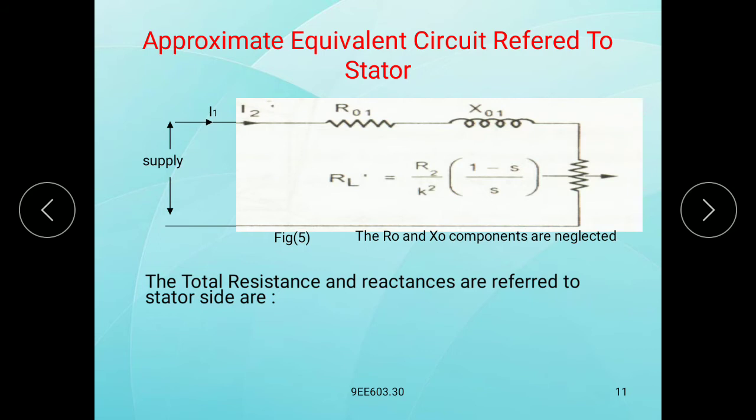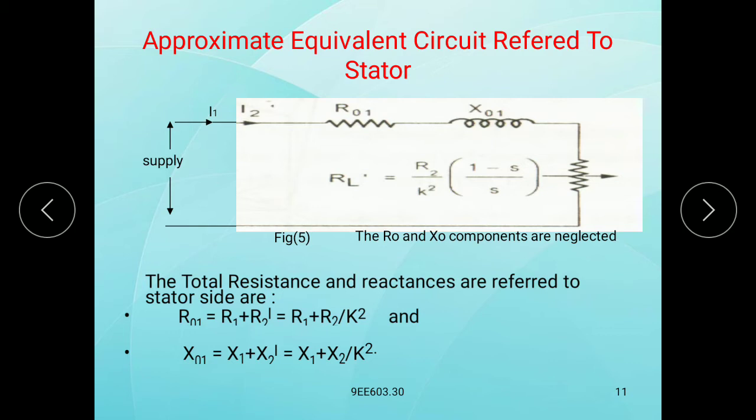The total resistance and reactances are referred to the stator side. R01 is equal to R1 plus R2 dash, that is R1 plus R2 by K square. X01 is equal to X1 plus X2 dash, that is X1 plus X2 by K square.